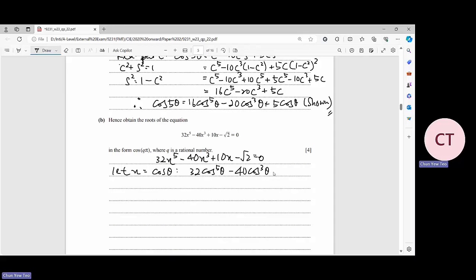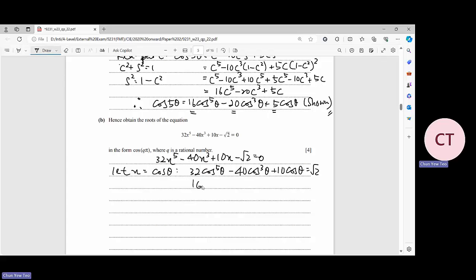In order to link with part A, you need to let x equal cos θ. Then over here, you can see that this one is 16, 20, and 5, but this one is 32, 40, and 10. So it's actually 2 times the original equation.